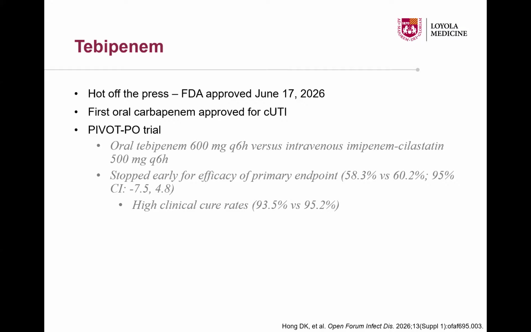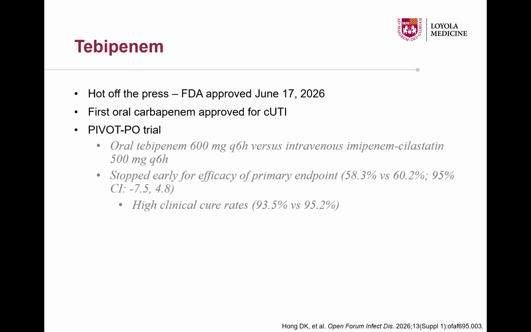I think this is a really important therapy, especially as we're trying to promote de-escalation from IV therapies to oral and minimize the use of IV antibiotics as best as possible. This is going to be an important drug as a part of that. I do sometimes get a little nervous at the option of the oral carbapenem being more widely available or used. I guess we'll see sulopenem as well out there.